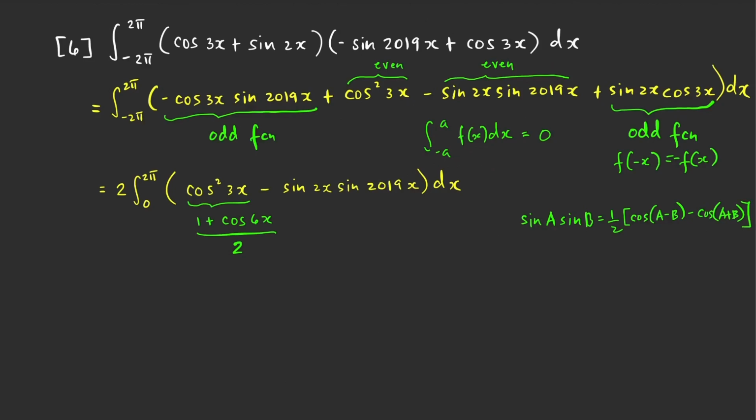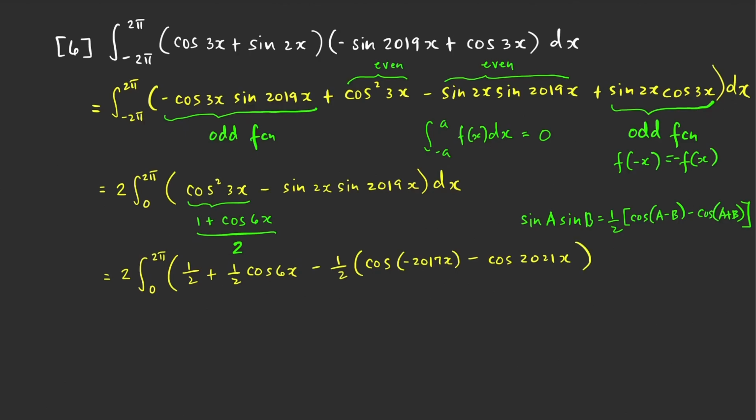So if we use this identity, we'll be able to write this one here, let me write it in a different line here, as 2 times the integral from 0 to 2 pi of 1 half plus 1 half cosine 6x, and then minus 1 half of the cosine of the difference, that is negative 2017x, minus cosine of the sum, that is cosine of 2021x, dx.